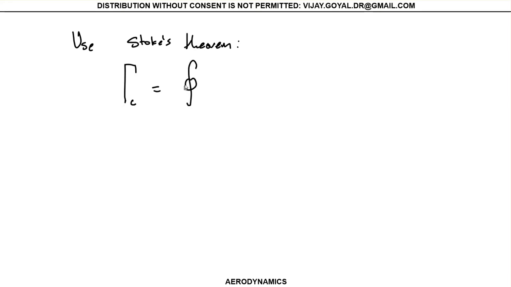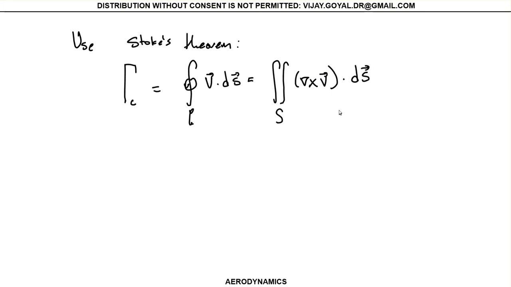You have a counterclockwise line integral that is equal to this. And we can show, and I'm going to skip all the derivation in this particular lecture, that this is equal to the double integral over the enclosed surface of the curl of v dot ds.